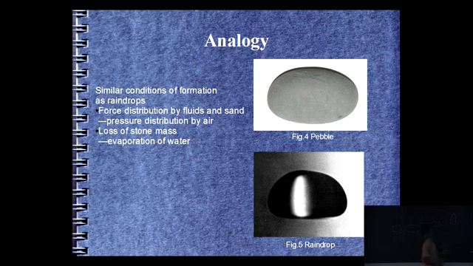I just saw pebbles along the railway, and I think the pebble has similar conditions of formation to the raindrop, because it flies in the water, and after many years of friction, it becomes like this.